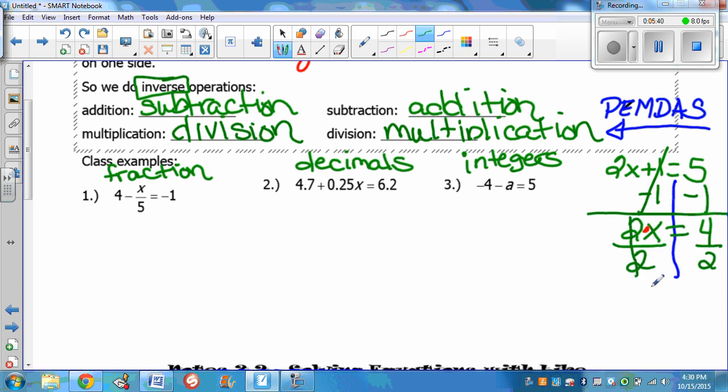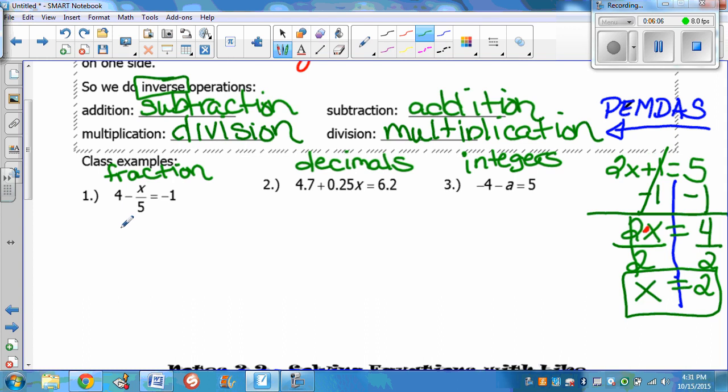That's 1, or 1x. Is x all alone and positive? Yes, that's what we need. Now let's continue over onto the right side and do that calculation. What is 4 divided by 2? It's 2. That is the solution to your equation. So x equals 2.